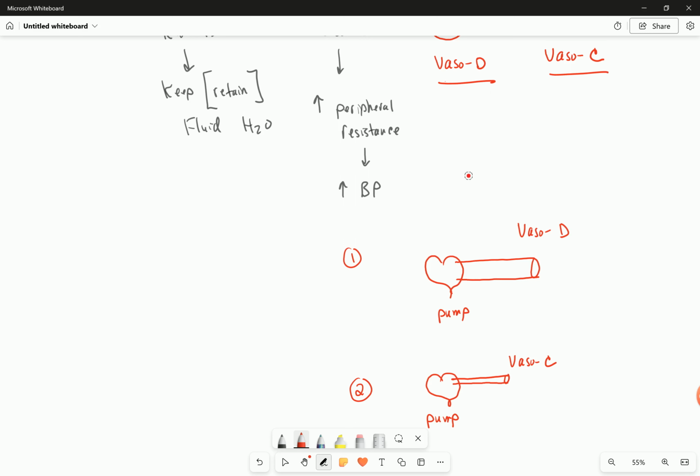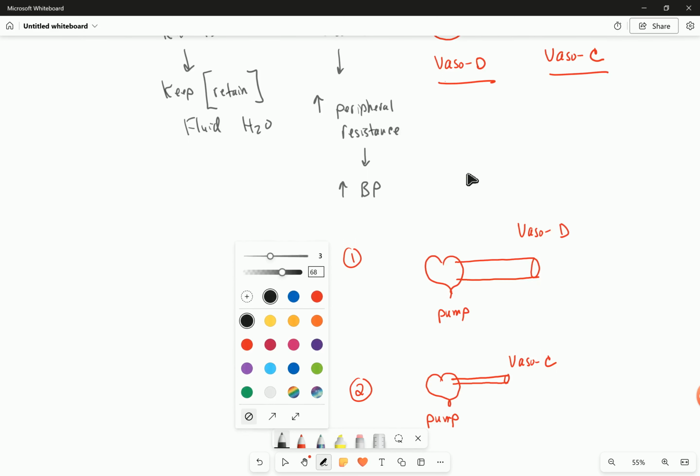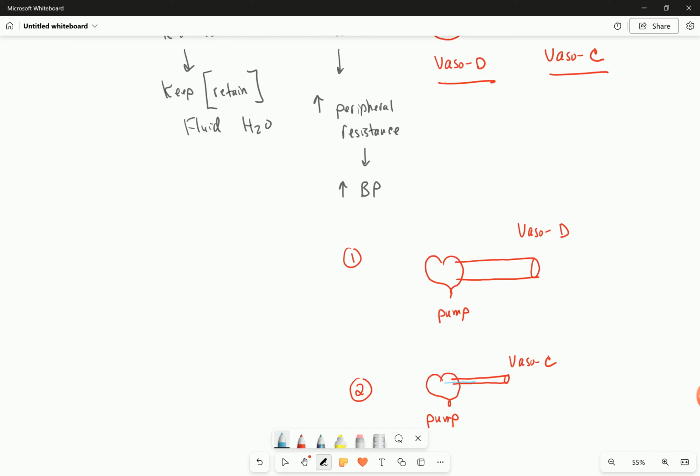Now, if you have a pump, and the pump has to squeeze fluid through the tube, which is our blood, which one is easier to push fluid through? A tube that's nice and open or a tube that is nice and skinny? Well, the answer is it's easier to push fluid through vasodilation, and it's harder to push fluid through a really skinny tube.